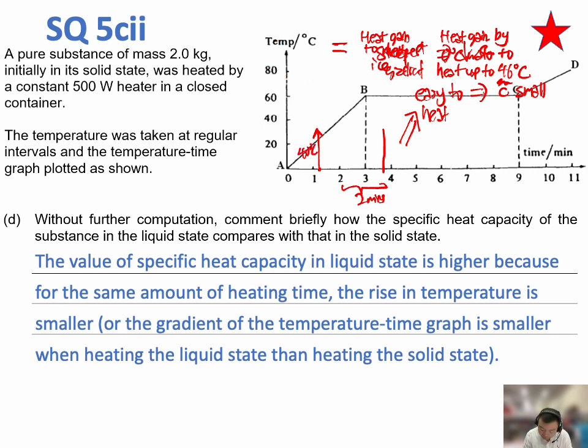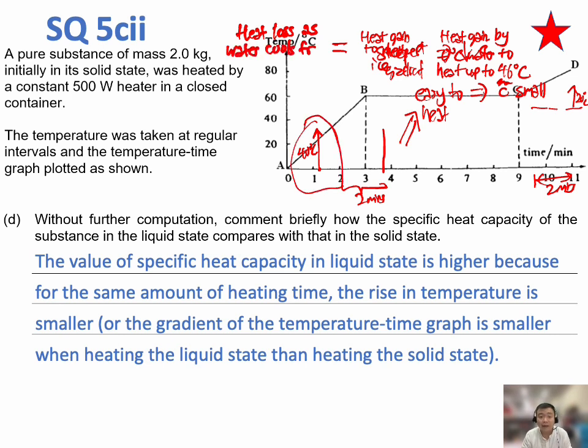Whereas for the liquid, in the same 2 minutes over here, the temperature increase is only 20 degrees Celsius. So it's actually easier to heat up and raise the temperature of the solid compared to the liquid. That is why the specific heat capacity value of the solid is actually lesser than that of the liquid.